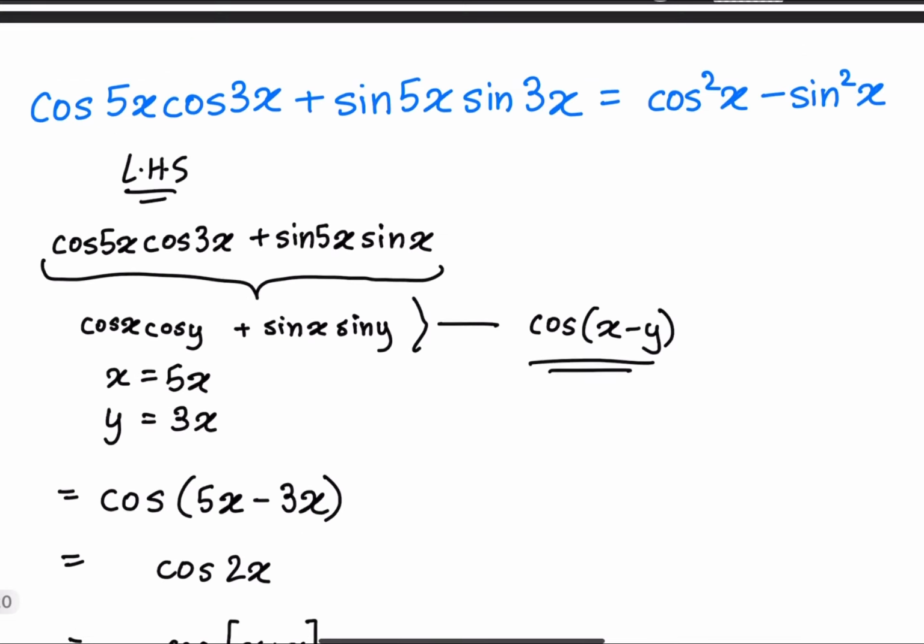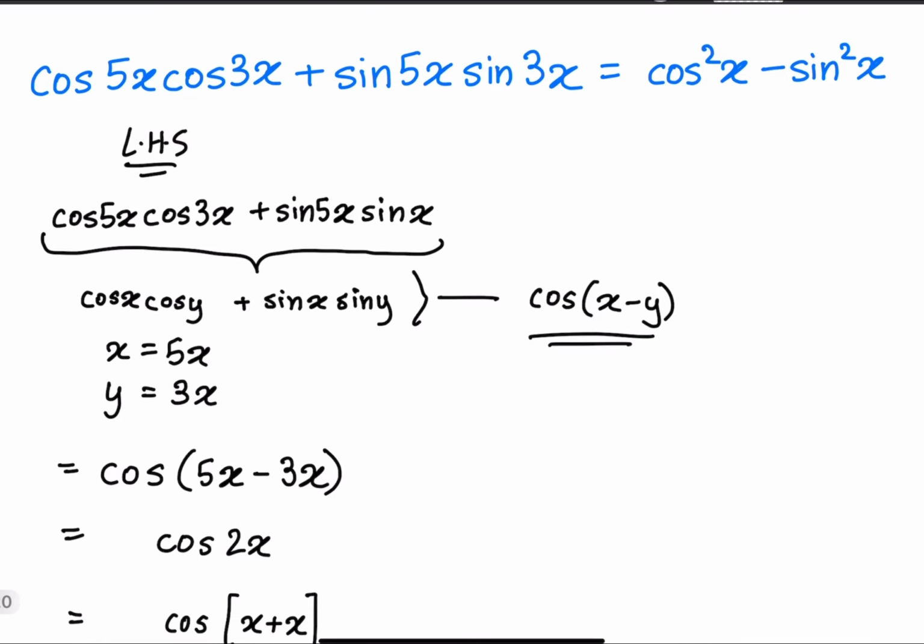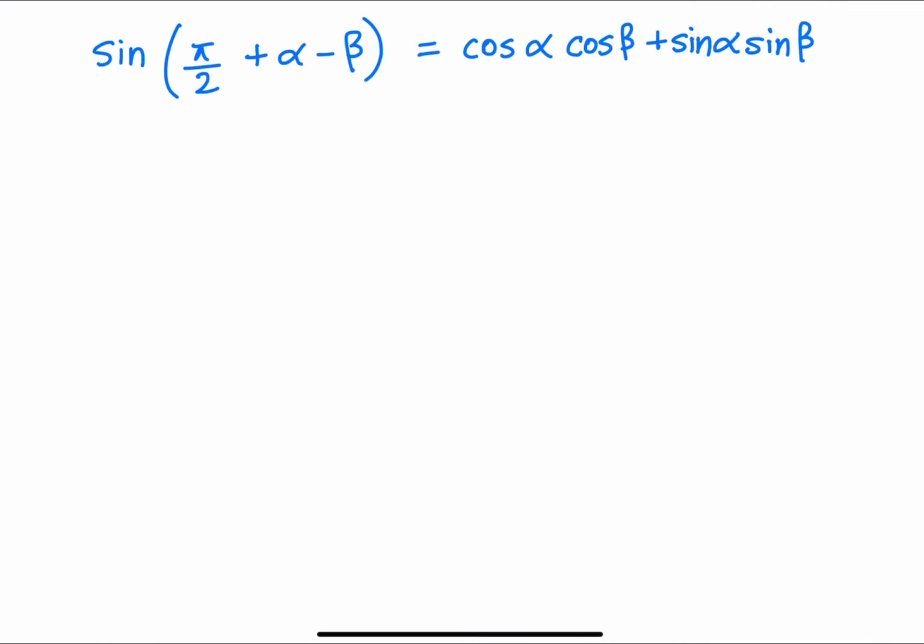So now let's go ahead and solve our second question. Now, looking at it, you might think this is a pretty easy question. It says sine of pi by 2 plus alpha minus beta is equal to cos alpha cos beta plus sine alpha sine beta.